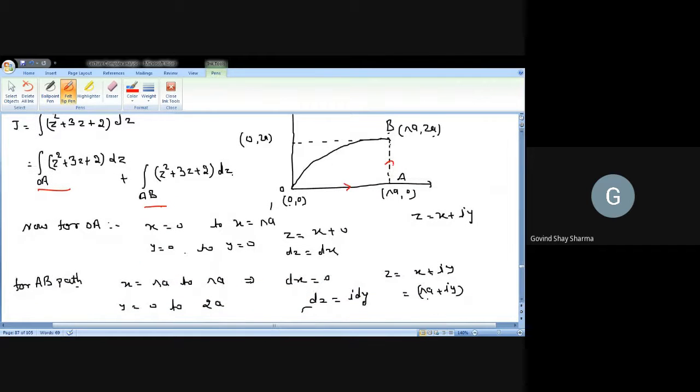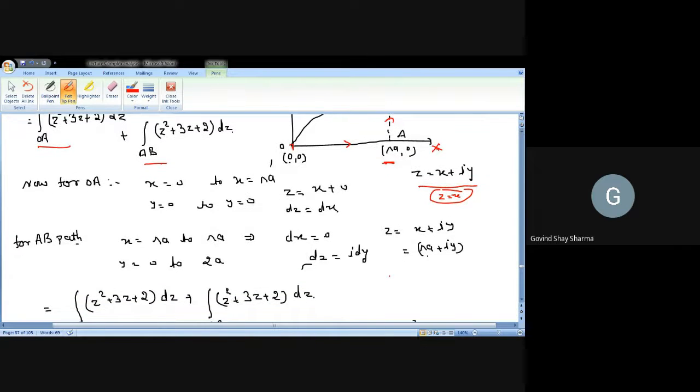Now for OA, x goes from 0 at the origin to πa, and we know z = x + iy, and y is 0 to 0. This is the x-axis, so dy = 0. So z = x + iy with y = 0 gives z = x, so dz = dx.